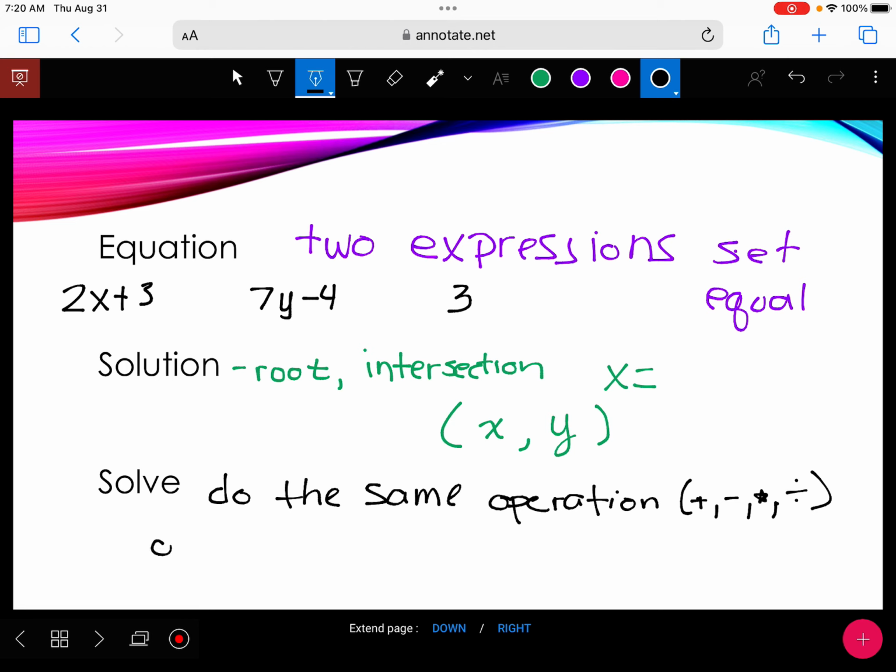On both sides of the equal sign to get to a solution. The goal is to get to our solution. So we're going to be doing a lot of solving. This chapter is all about finding solutions. So we're going to start out with just solving an equation, finding what x is.